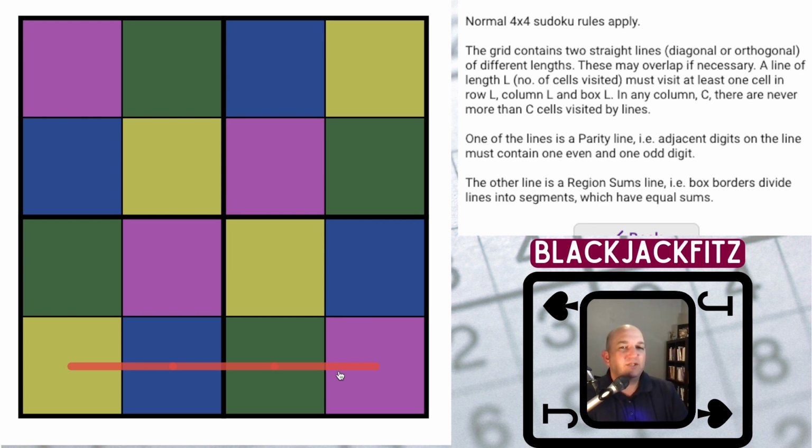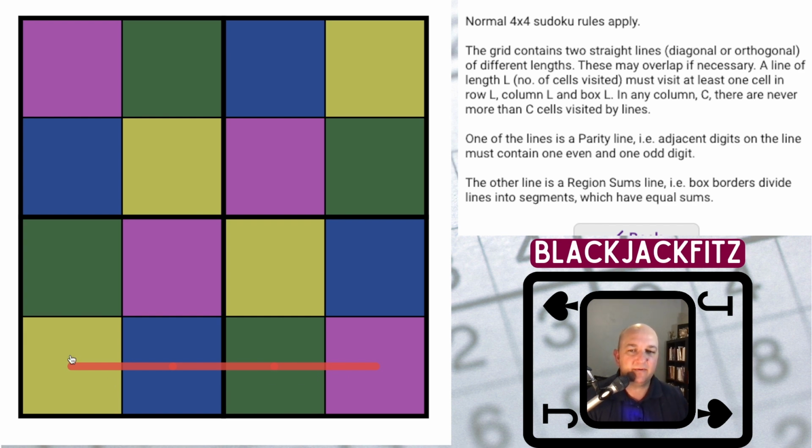So we need the region sum line to be... Yeah, that's a really interesting point. Is region sum the only thing that disambiguates high and low? I think it is, because the parity line won't. You could just always swap 2s and 4s and 1s and 3s.